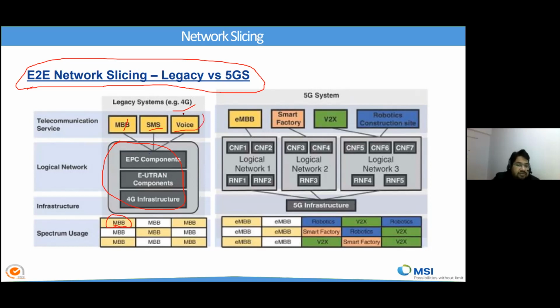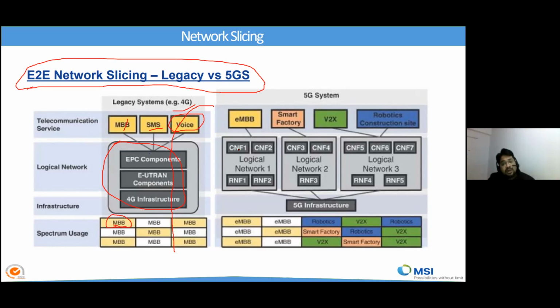And if the operator deployed IMS, then this complete ecosystem can also provide voice services. But there was no segregated network of any unit, right? Here the complete units are available to be used by these use cases only, like MBB, SMS, and voice.